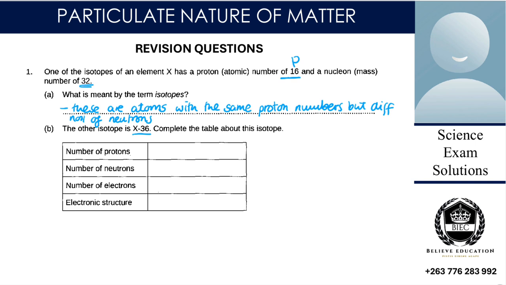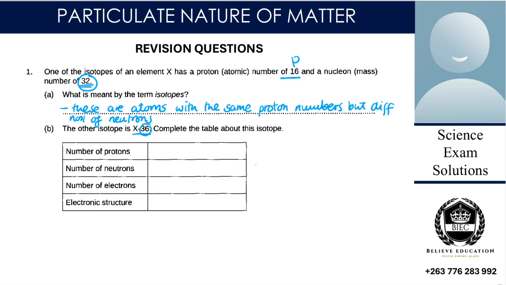Then we are told of another isotope X36, complete about it. Our first nucleon mass is what? 32. Then the nucleon mass now becomes 36. So in other words, there was an addition of 4 neutrons.